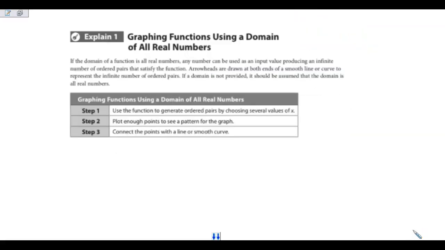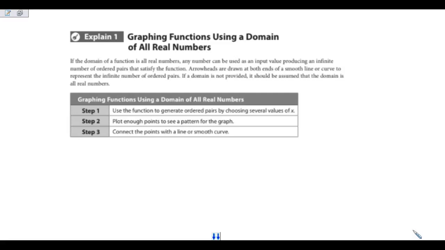We can also graph when we're using a domain of all real numbers. If the domain of a function is all real numbers, any number can be used as an input value, producing an infinite number of ordered pairs that satisfy the function. We can't come up with every answer because we're talking about an infinite number of possibilities to use for our domain.